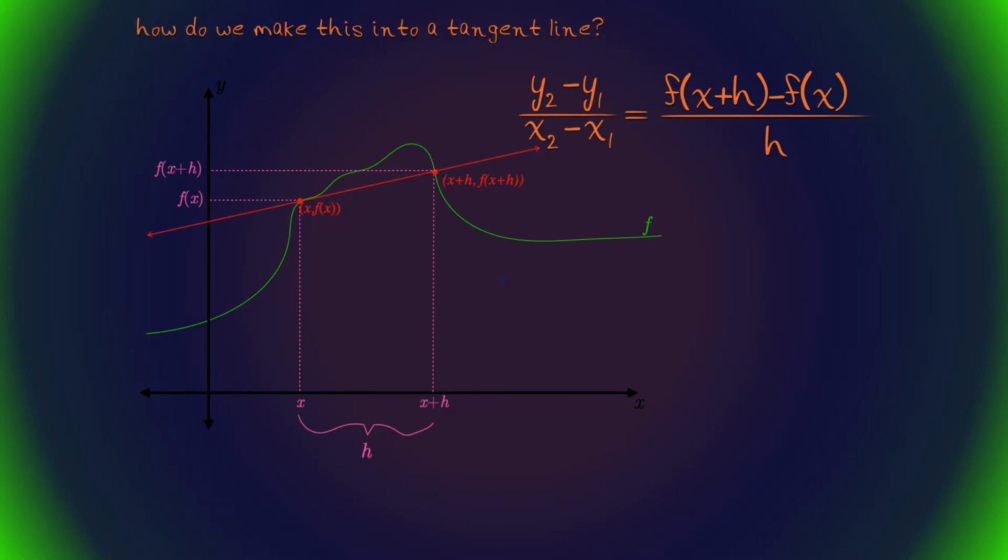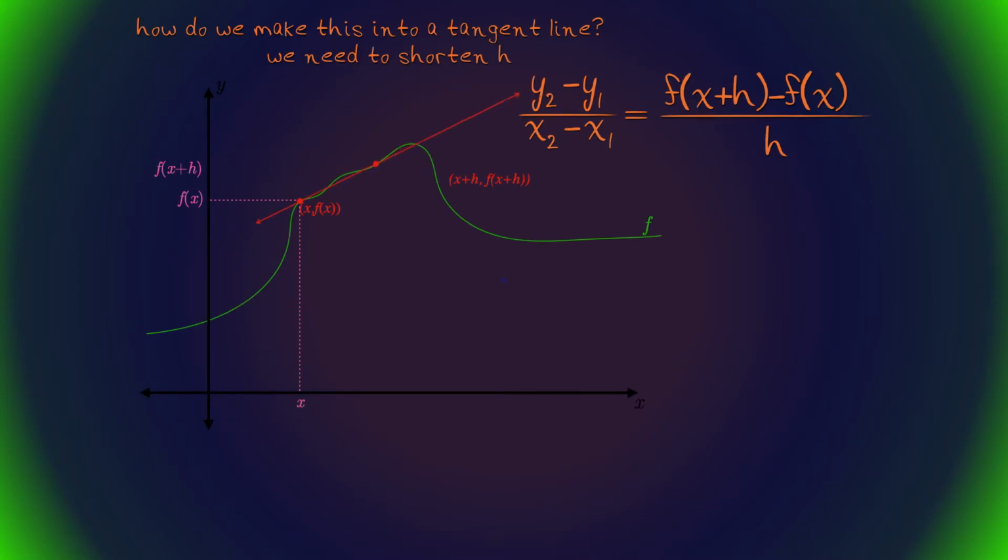And we want to, for calculus, turn this thing into a tangent line. And so how do we do that? A tangent line's a line that passes through a single point, whereas our secant line passed through two. So what we can do is we can shorten that h there.